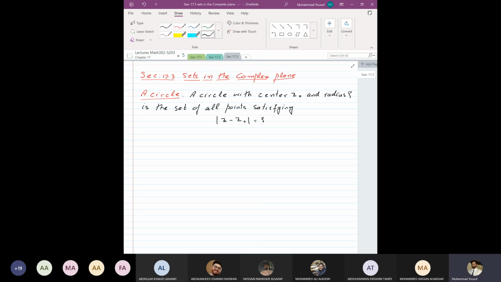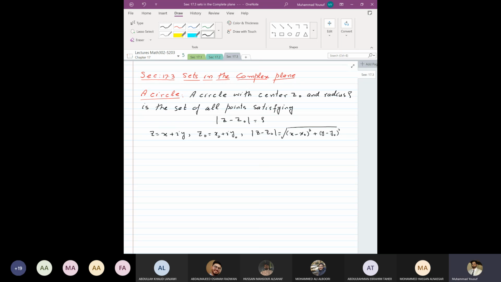is Z minus Z0. Yani, if Z is X plus IY and Z0 is X0 plus IY0, then Z minus Z0 is the square root of X minus X0 squared plus Y minus Y0 squared.